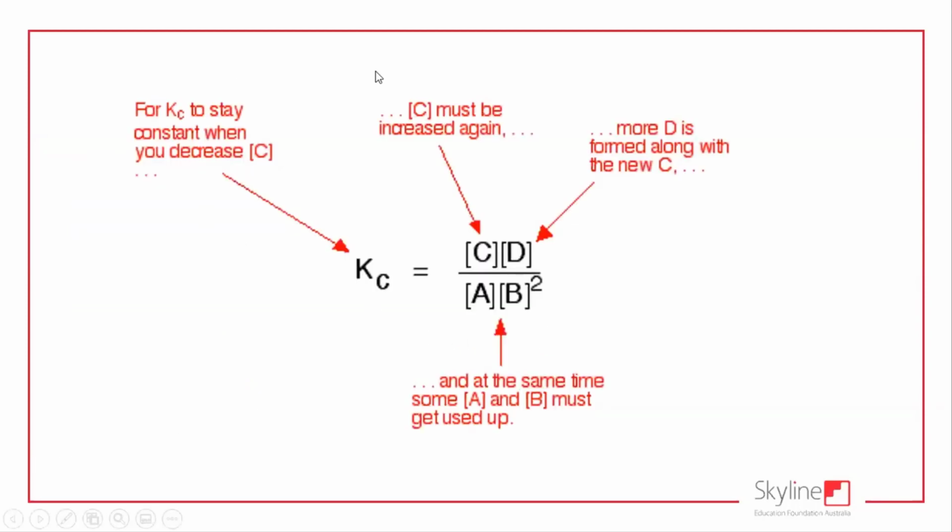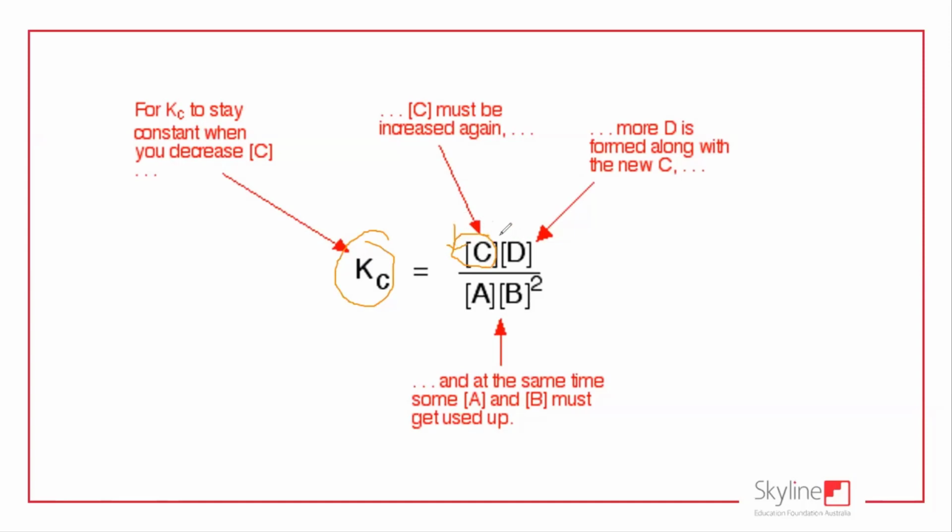All right, and just to give you an example of what can happen, Kc, another way of writing K of EQ, stays constant. So when we change something in a solution that's at equilibrium, let's say we take out a bunch of product C. Well, that means C is going to decrease.